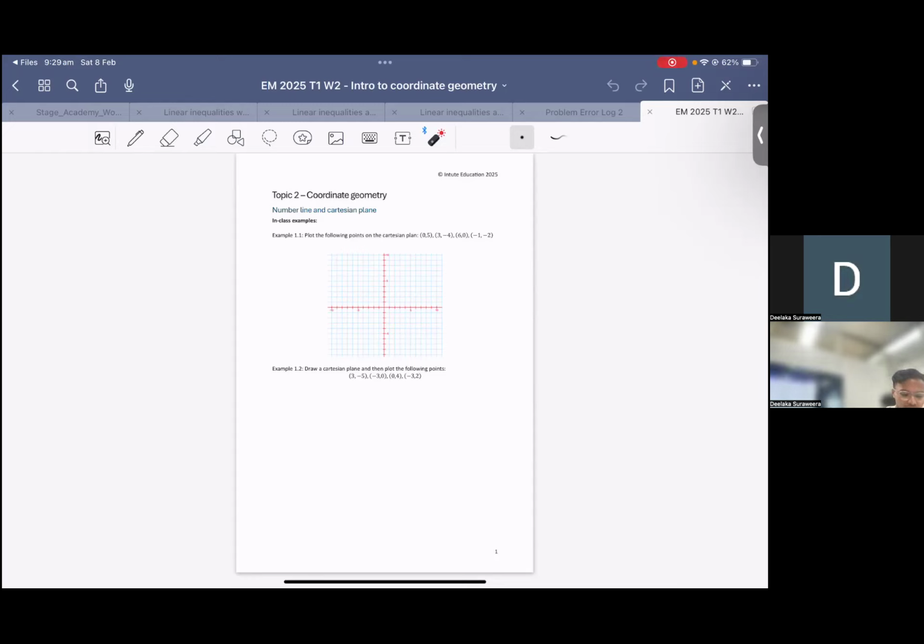All right, let's get started. Let's start with the summary sheet, which I need to find here. Sorry, give me a second, everyone.